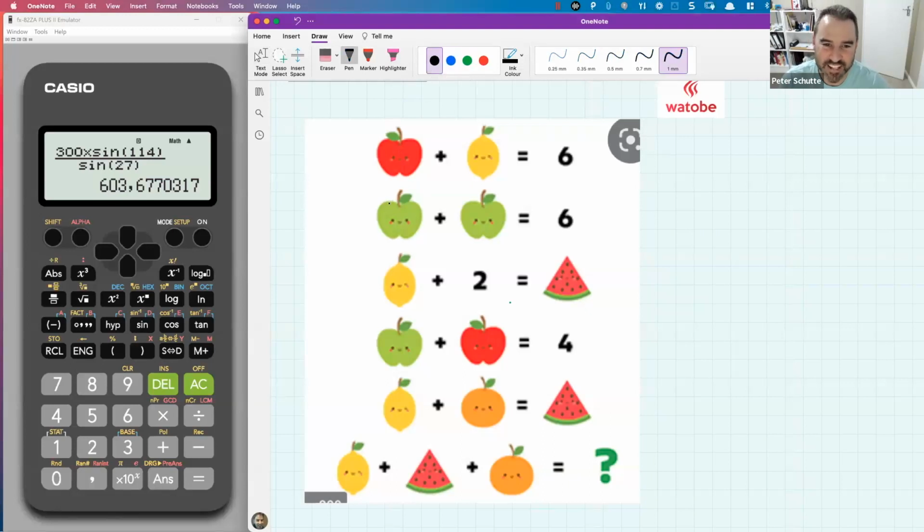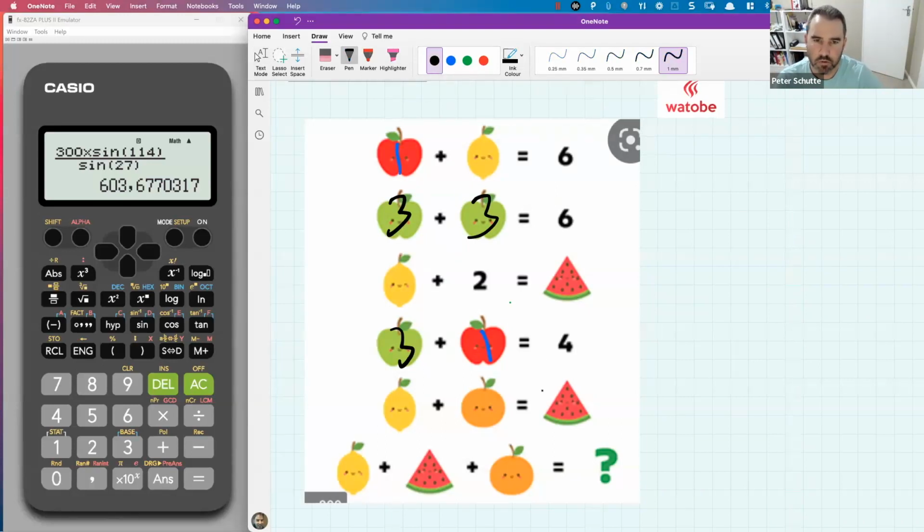Okay. So let's see what we get here. So we get 3 for the apple. I think that's correct. Now, what's next can we do? So red apple is 1. Yep. And now, where else do we have red apples? What can we do next?